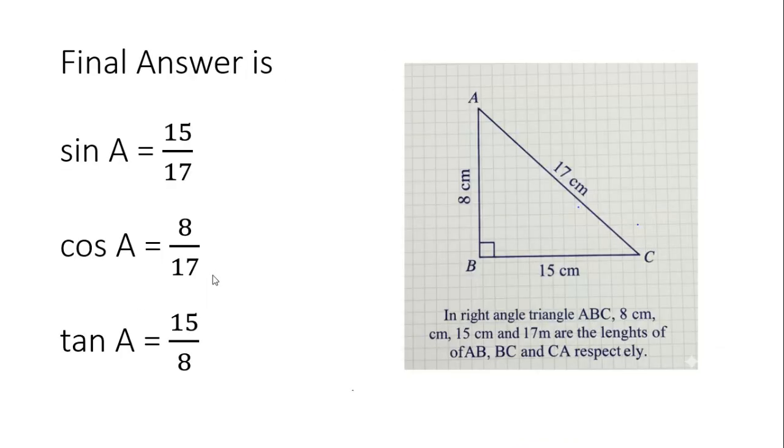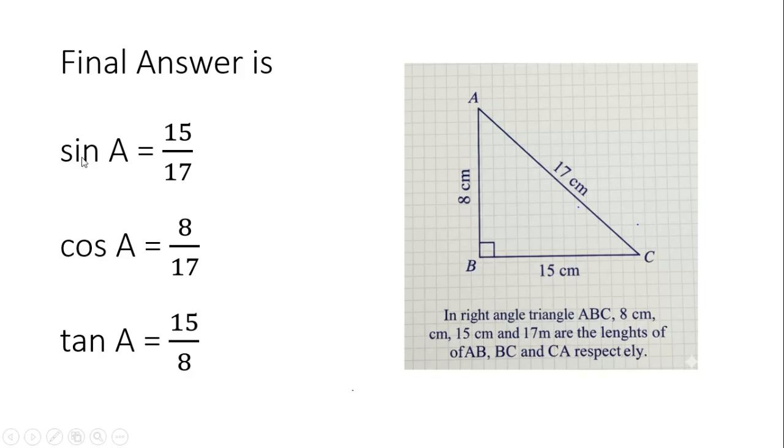So what was asked in the problem? We need to find sin A, cos A, and tan A. So sin A is 15 by 17, cos A is 8 by 17, and tan A is 15 by 8.